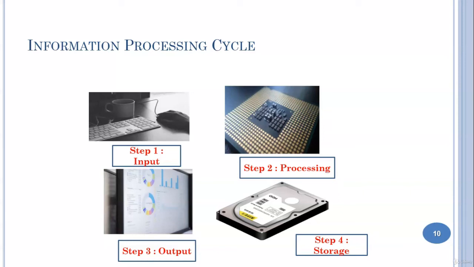During this step, the computer's processing components, for example, a central processing unit, perform certain operations on the data based on the instructions that the user provides or the instructions provided by a program.